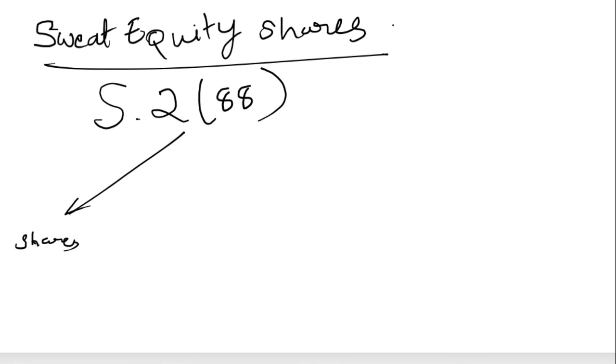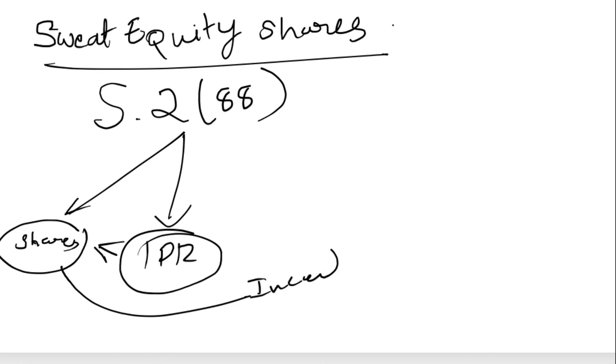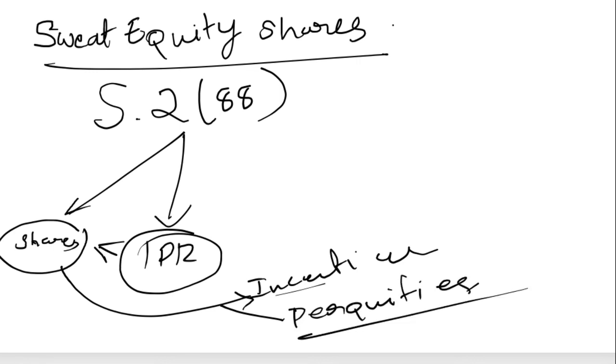That is called IPR, intellectual property rights. If I invent something, I will get some equity shares as part of my incentives or perquisites, etc. So it is a motivational thing.